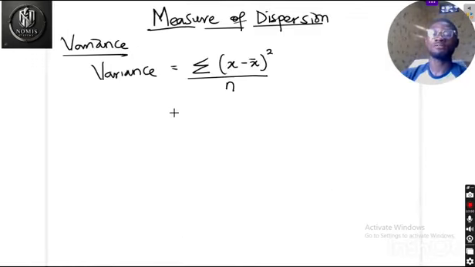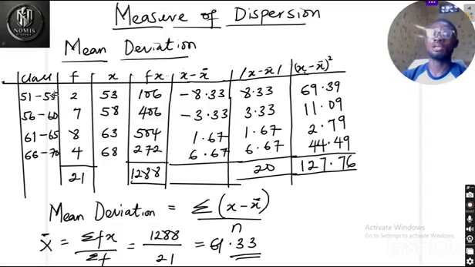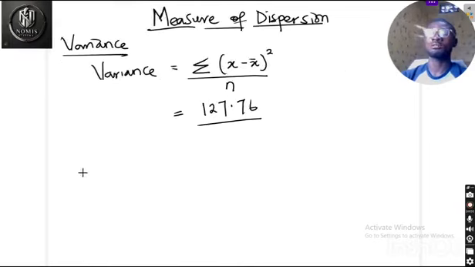Since the formula says this, we'll put our values into the formula. This is 127.76 divided by n. Can you remember our n? Let's go back to check. Our n is the total frequency, that is 21. So the variance is 127.76 divided by 21.